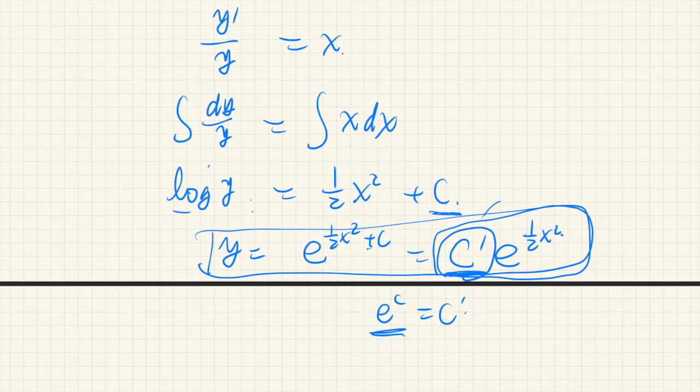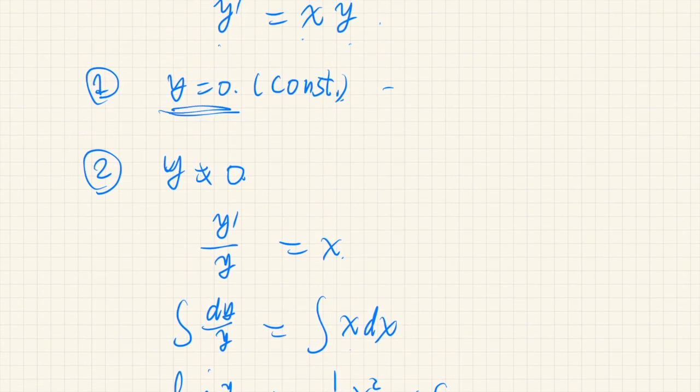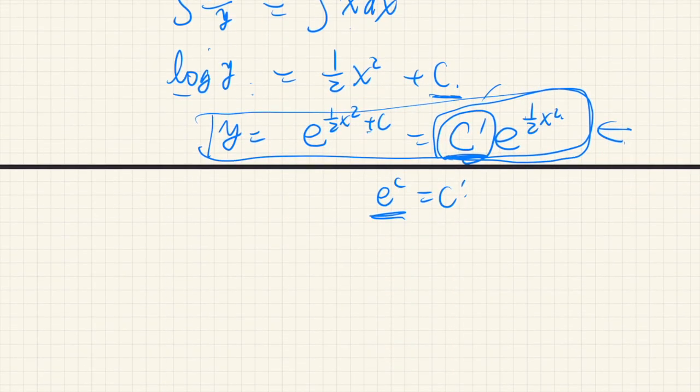However, this general solution actually includes the first case, this one. If this c prime is equal to 0, then this is just a constant function equal to 0. So therefore, we can just conclude that y is equal to some constant, possibly 0, times exponential of 1 over 2 x squared.